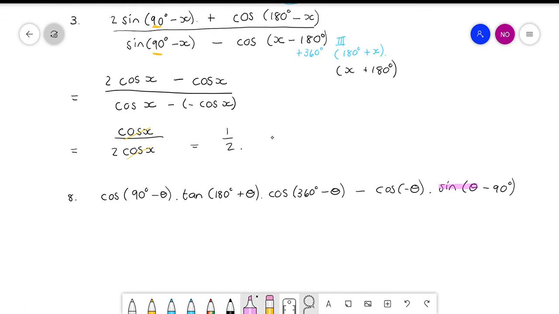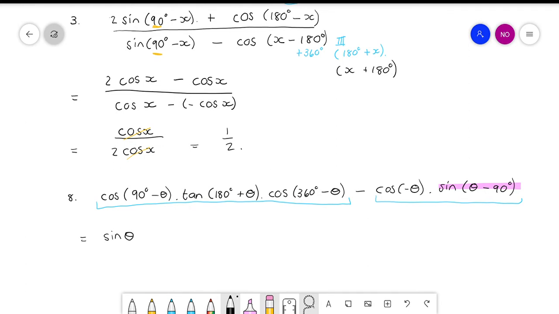Okay, this very last one is quite a challenging one. So we'll get to that one. Important for this one, you have to see that that is one term and that is one term. So I have 2 separate terms when you're done simplifying. Here we have cos of 90 minus theta, so do you agree that just becomes sine theta?